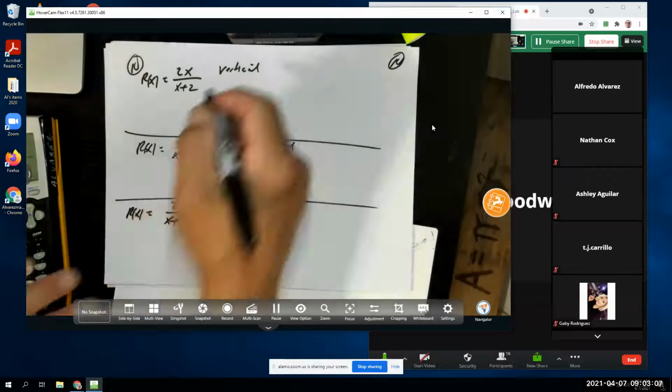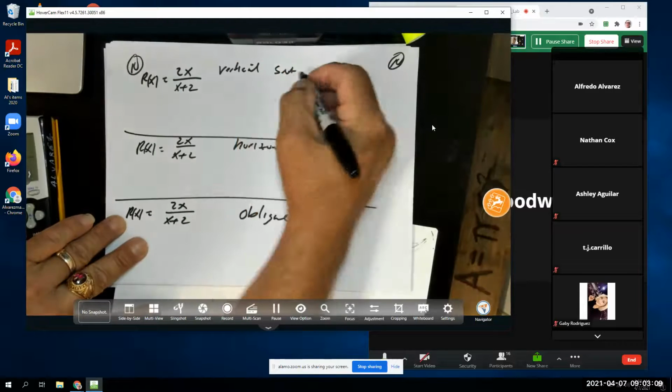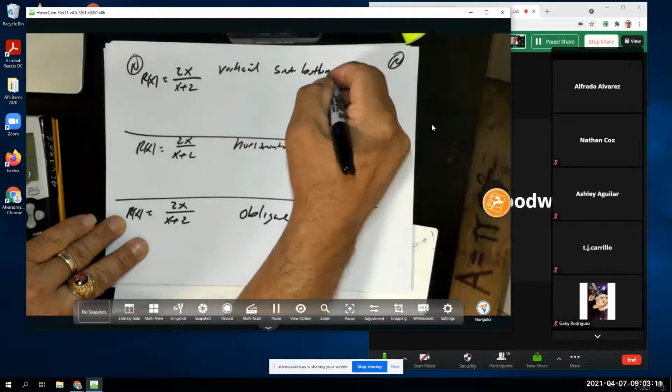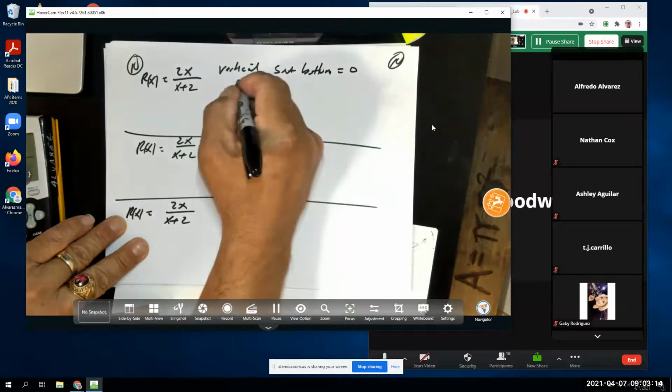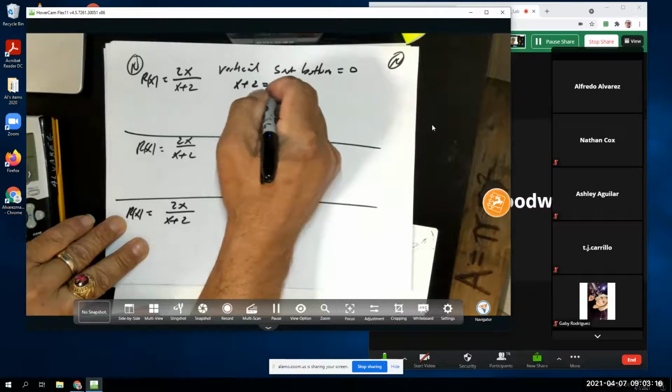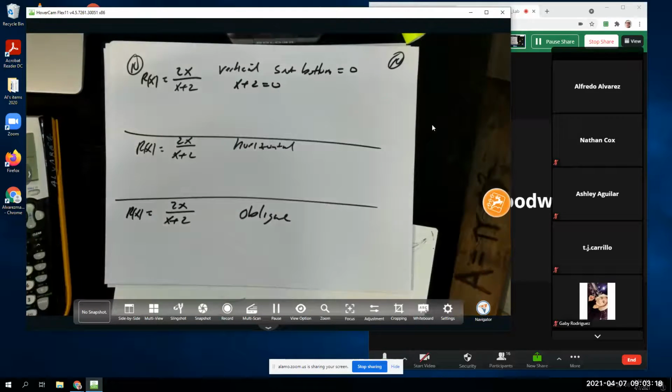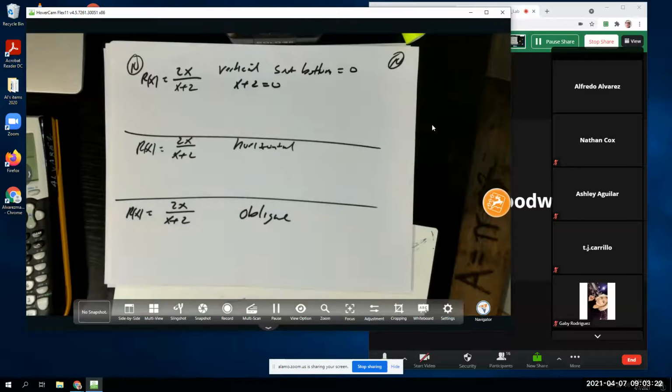So, how do you find the vertical? You set the bottom equal to 0. So, x plus 2 equals 0. How do you solve x plus 2 equals 0? Solve it.